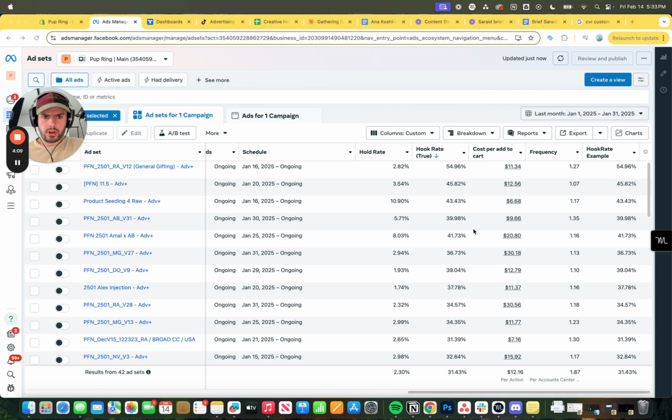Let's just say your hook rate is really low. That is an indicator that you want to take your content back to the drawing board and potentially put a better hook on it. What that can then do is grab more attention with a better hook, and lo and behold, you might have that same sequence, the rest of the video, that works beautifully with that, and you can completely bring a piece of content from not working to working by simply getting more people's attention at the beginning and potentially speaking to that demographic a little bit better.